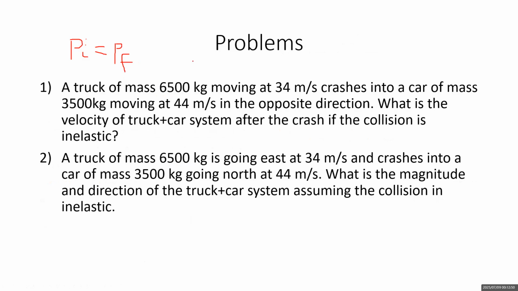The initial momentum is the mass of the truck, the 6,500. We'll call this mass T, VT initial. Now, notice they're colliding head on. The car is going in the opposite direction. So if we're calling the truck's velocity positive, we have to make the car's velocity negative.